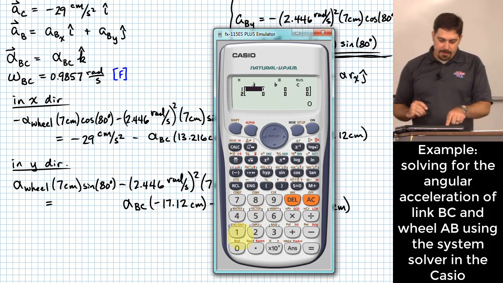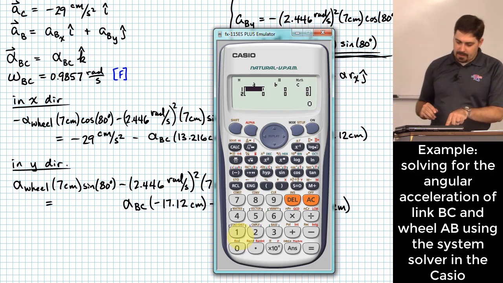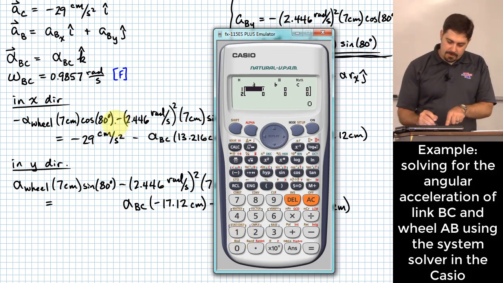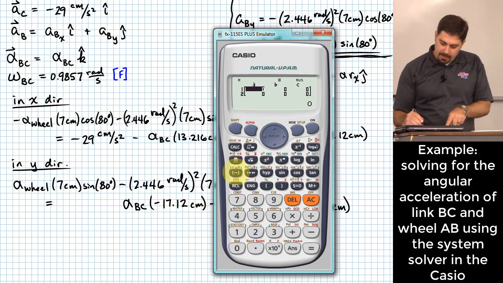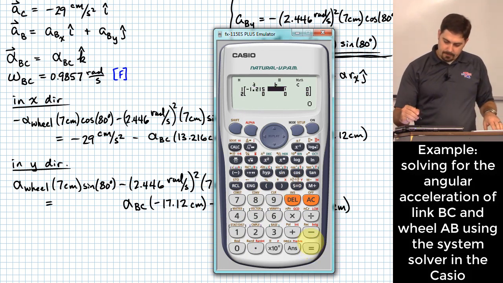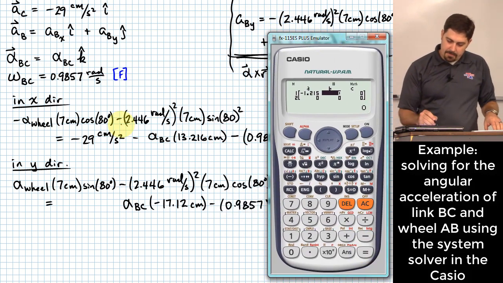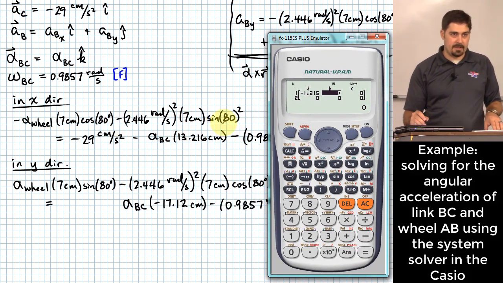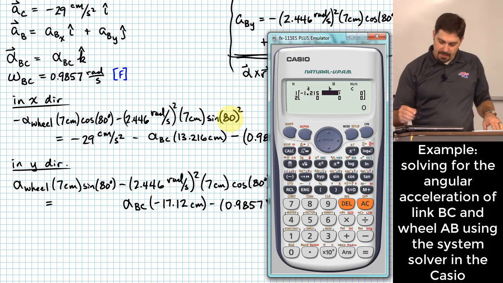My first variable is going to be alpha wheel, and my first coefficient there is going to be -7 times the cosine of 80. The next term there is just going to be a constant term that ends up on the right side of the expression. So I'll deal with those in just a minute.